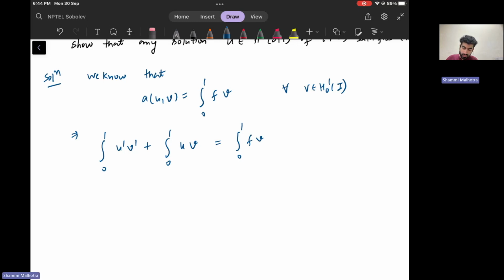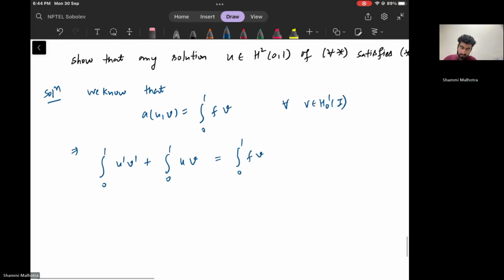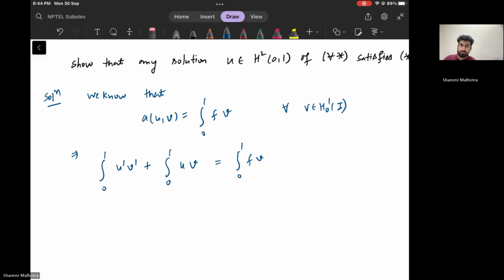So now what we can finally write is that, since I took v from H^1_0(0,1), this boundary term vanished.